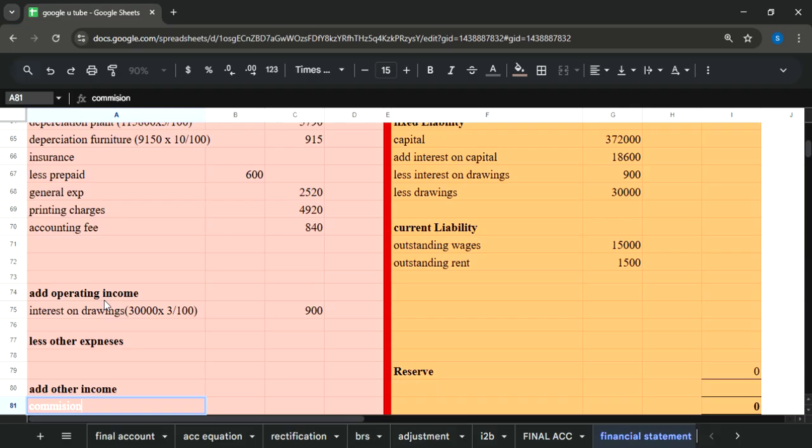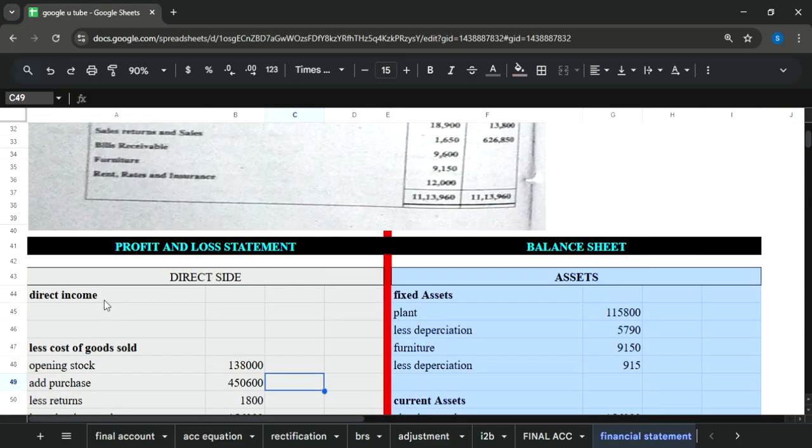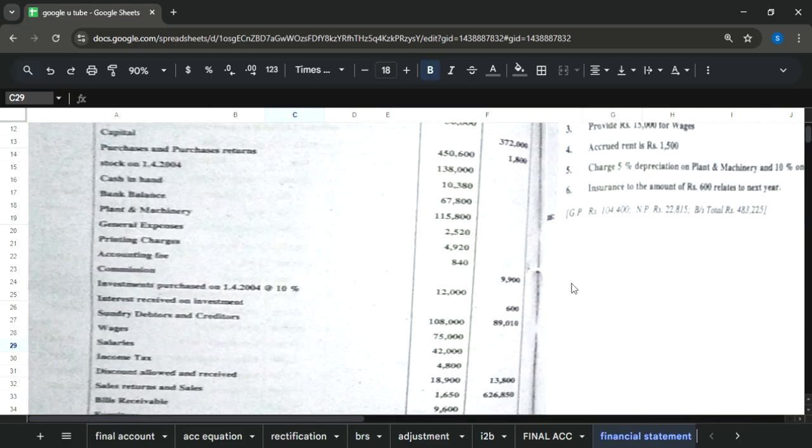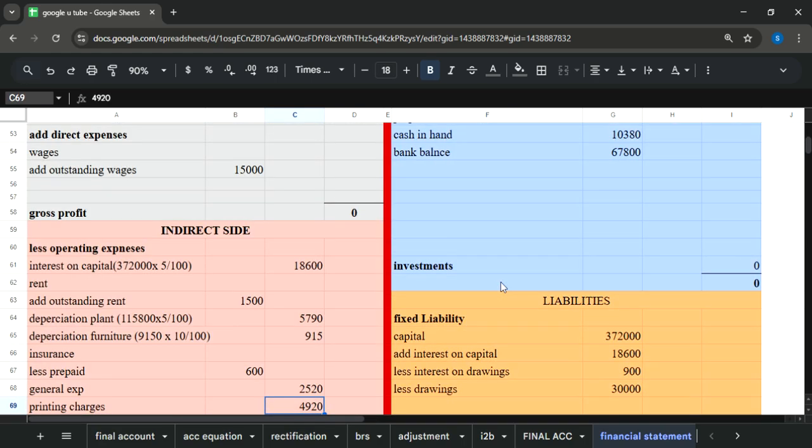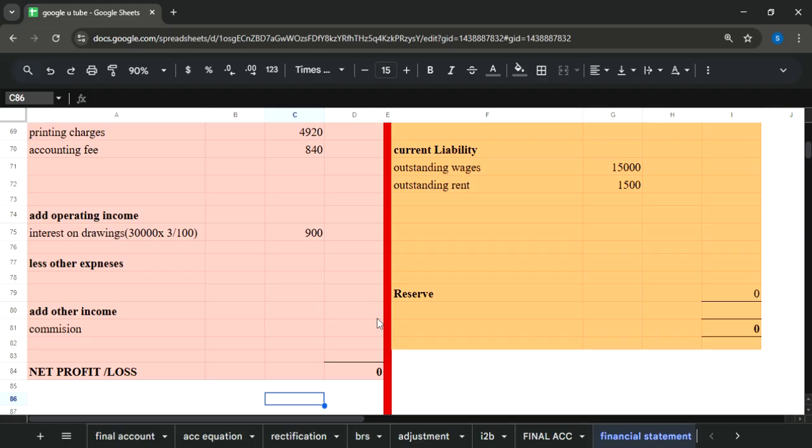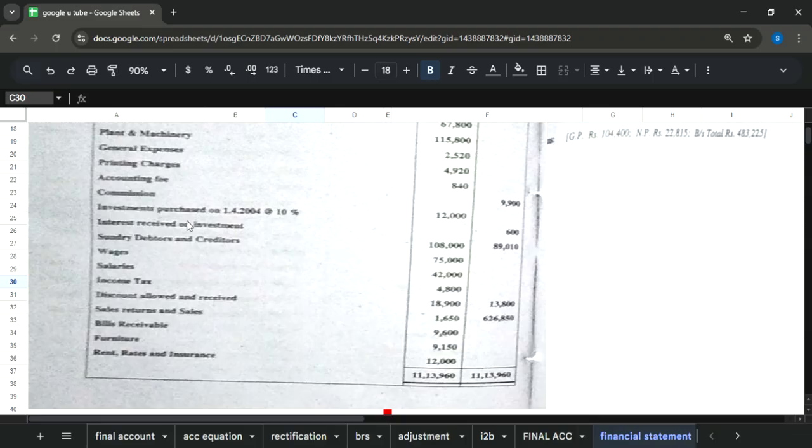These three should be written on other income side. Let's see how much income was 9900. So let's mention 9900 over here. So step by step we are proceeding.